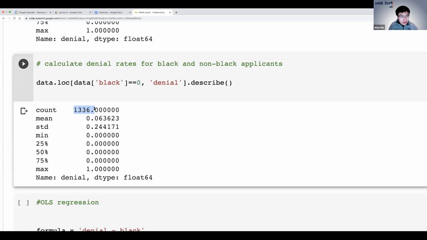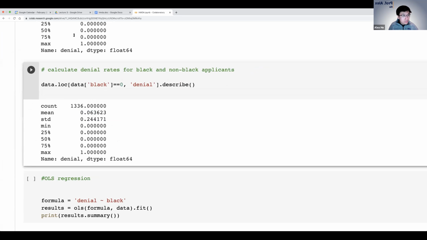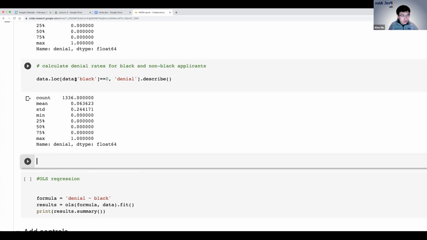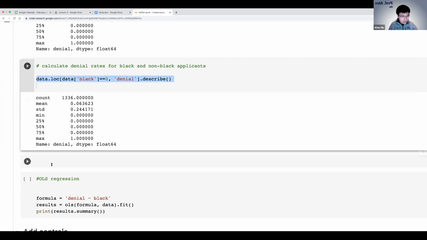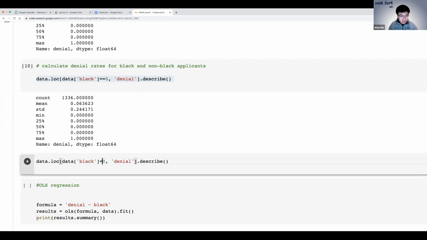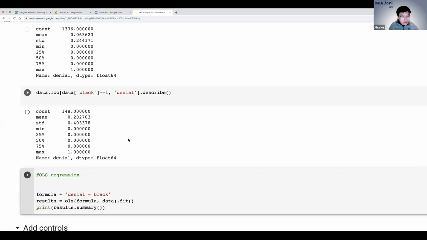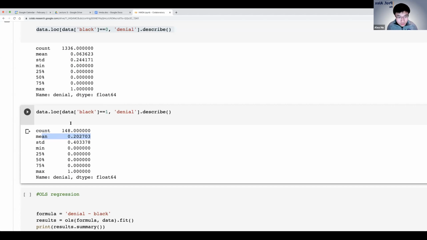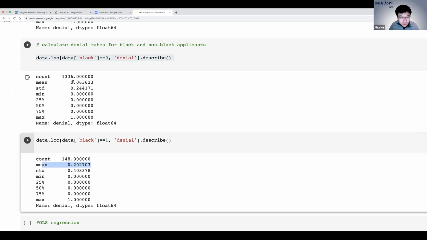There are 1,300 people, and the denial rate is 0.06, okay? And then we could also do that for the Black population. And then you get a mean of 20%. So that's much higher, okay? Compared to 6%, okay?